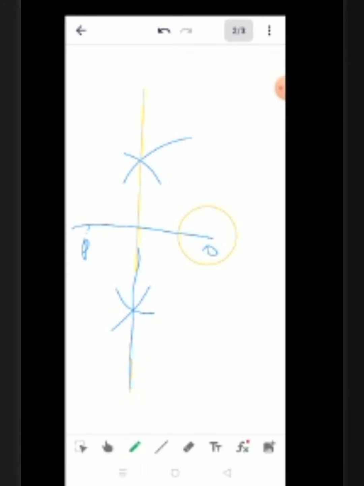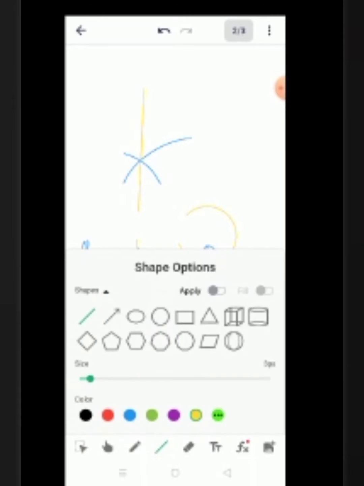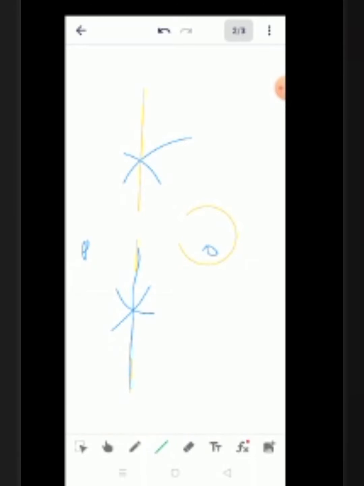After joining PO, let me do it with a straight line, let me not do it randomly. Here it is, you join PO like this. This is P, this is O, you join PO like this. After joining PO, you have this point here.